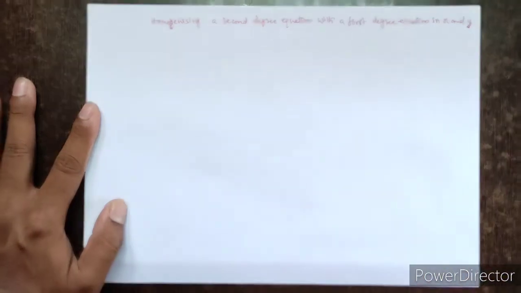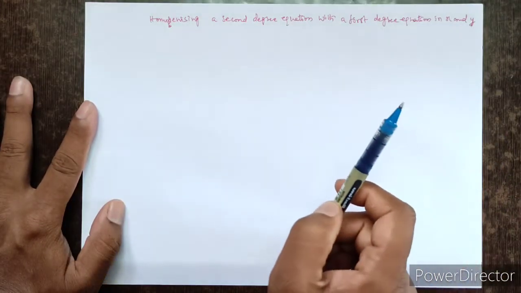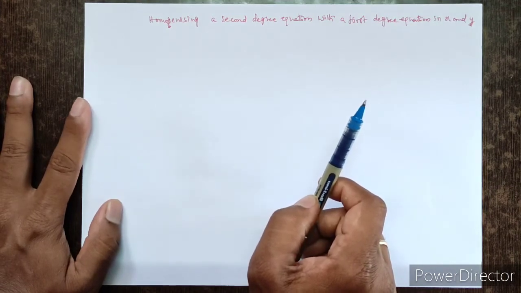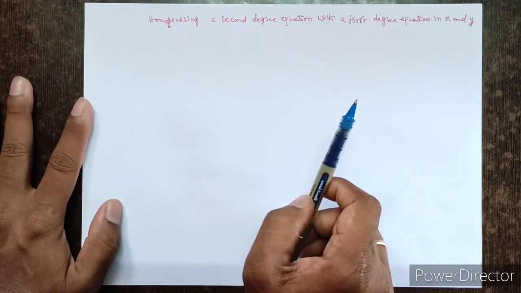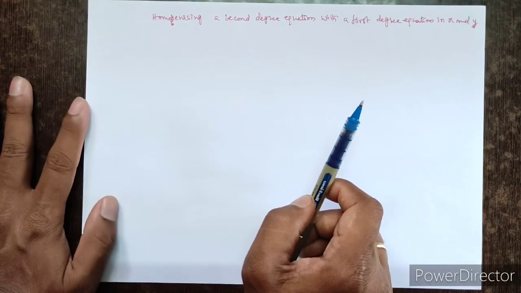So in the second type of pair of straight lines, we have discussed in exercise number 4a a second degree equation in x and y which represents a pair of straight lines.